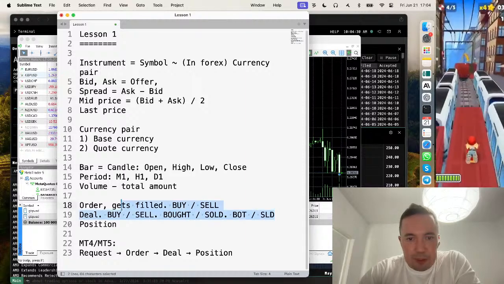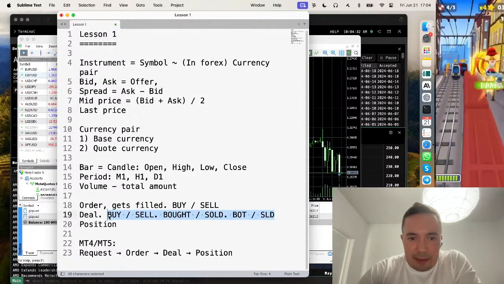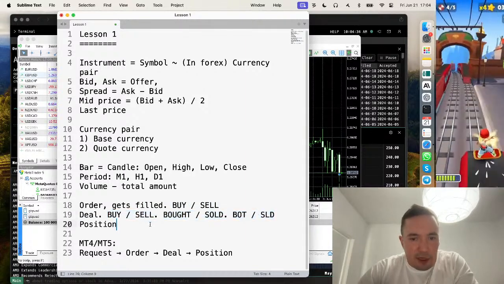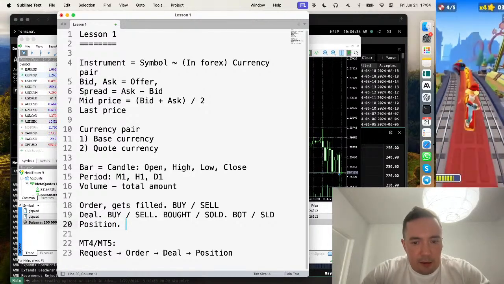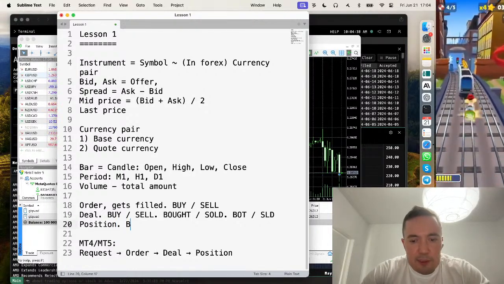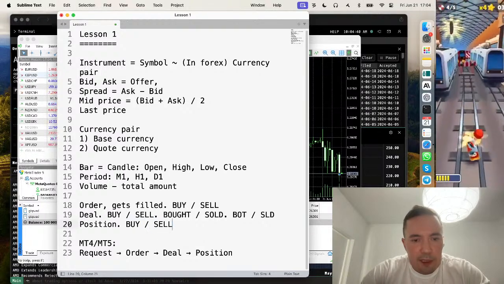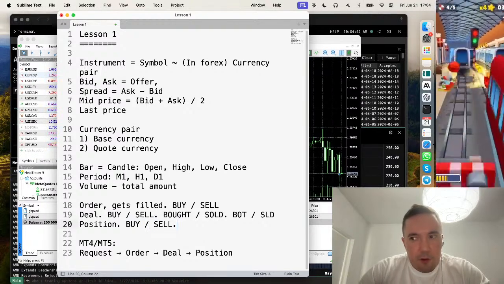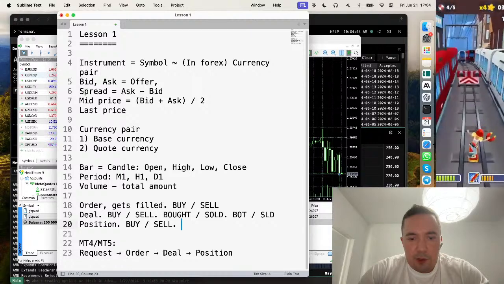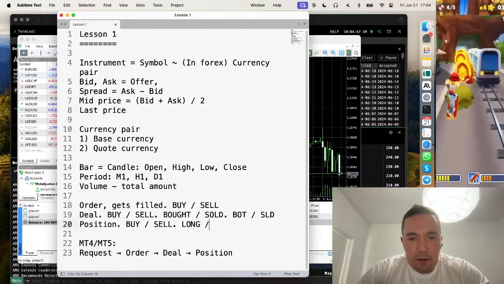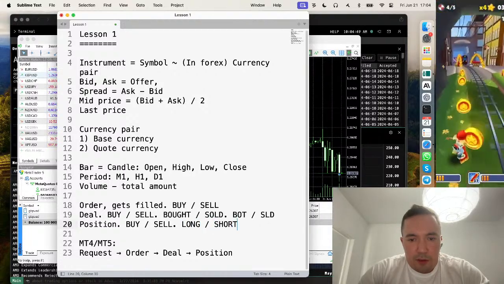So don't be confused if you see these things, for example. Positions. Also, you could say you have buy or sell positions. Also, you could hear terminology long or short positions.